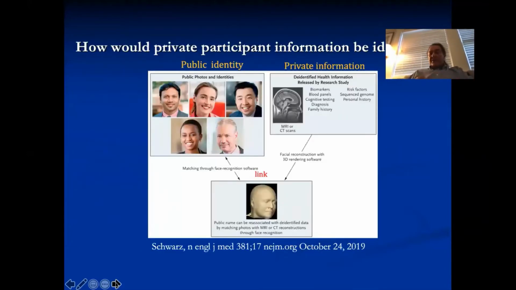Another issue which has just come up more recently is as the scans have gotten better, it's possible to reconstruct the face from the MRI scan, and you could match the face to somebody's photo. And there is a concern that because of this, people who are enrolled in ADNI, whose scans are freely available, could be identified and there will be a loss of privacy.